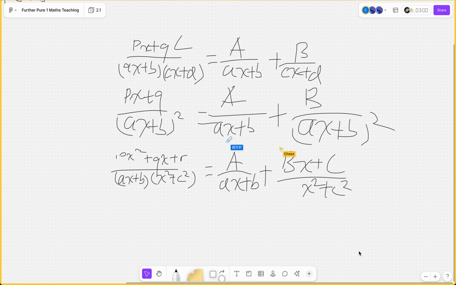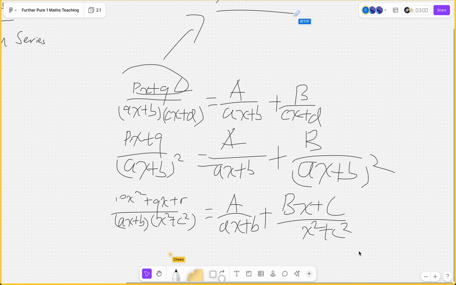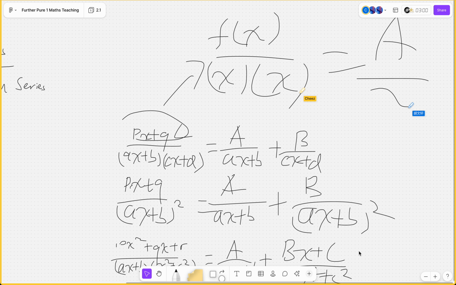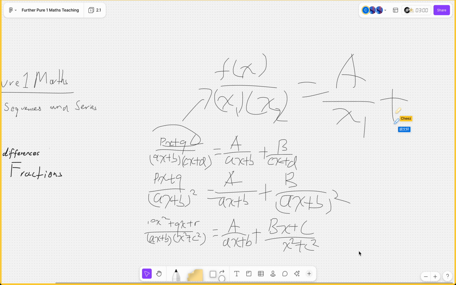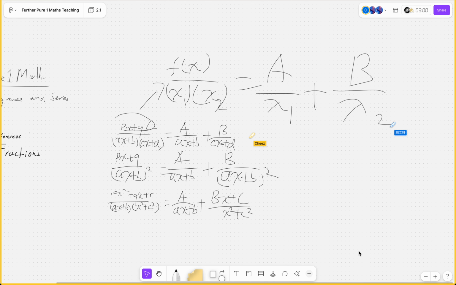Essentially they look really complicated, but what it really means is, for any expression like f(x) over a linear expression multiplied by another linear expression, it will give A over the first linear expression plus B over the other linear expression. That's pretty simple for the first one.